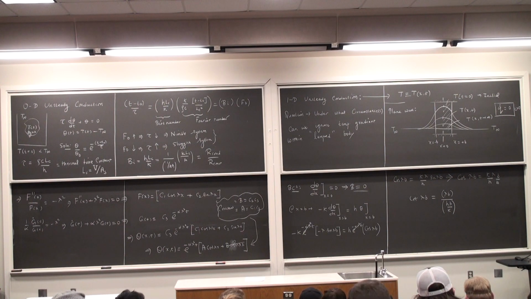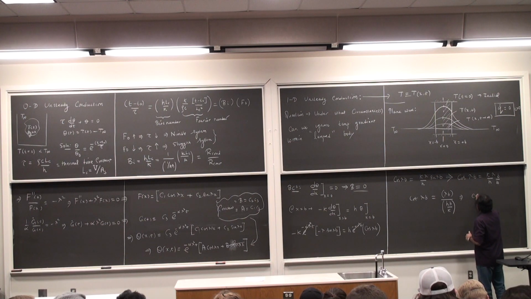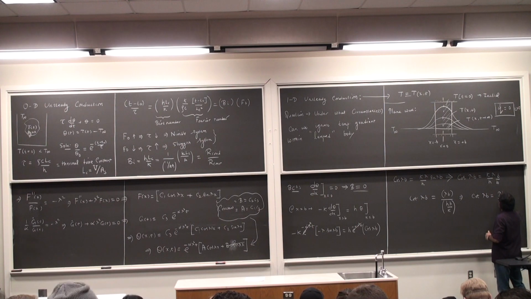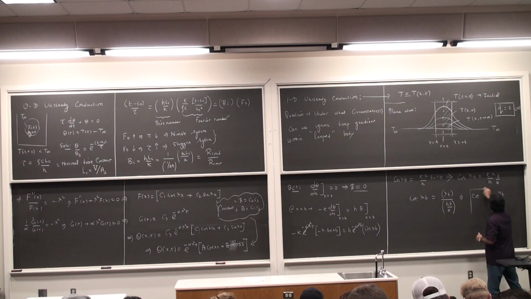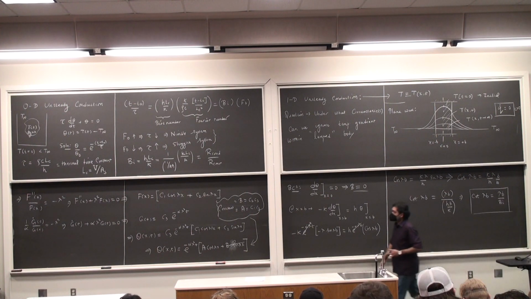The Biot number. So suddenly it makes an appearance. It's actually lambda b by the Biot number, but of course that doesn't tell us what the solution is. We have to suffer some more.